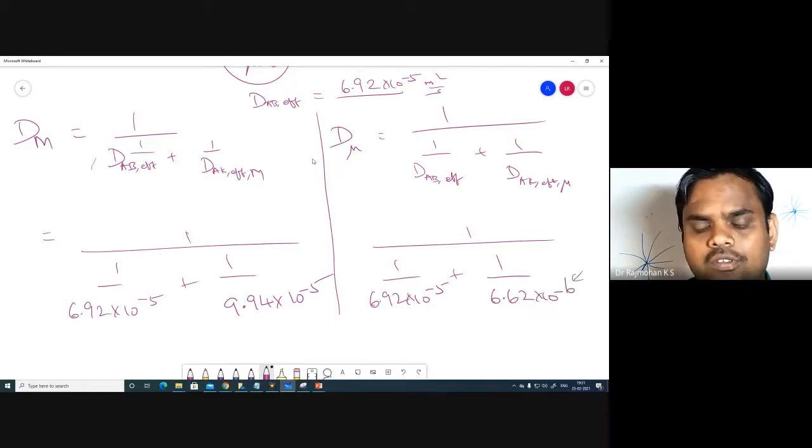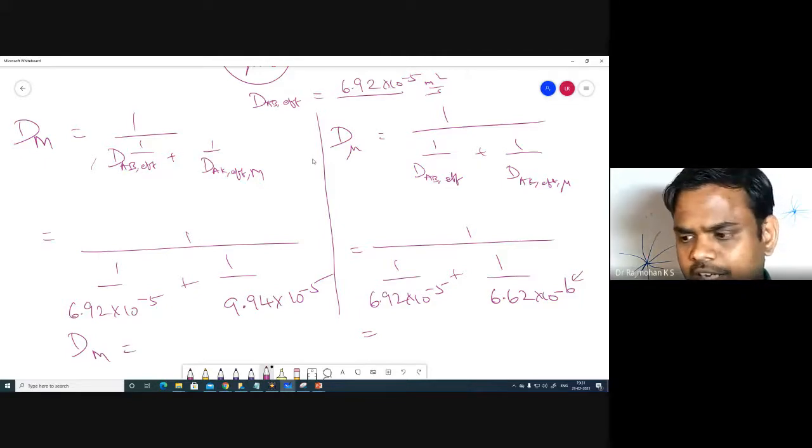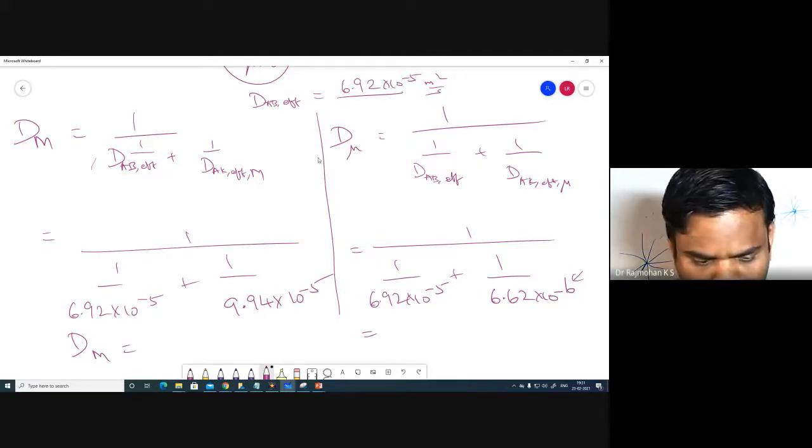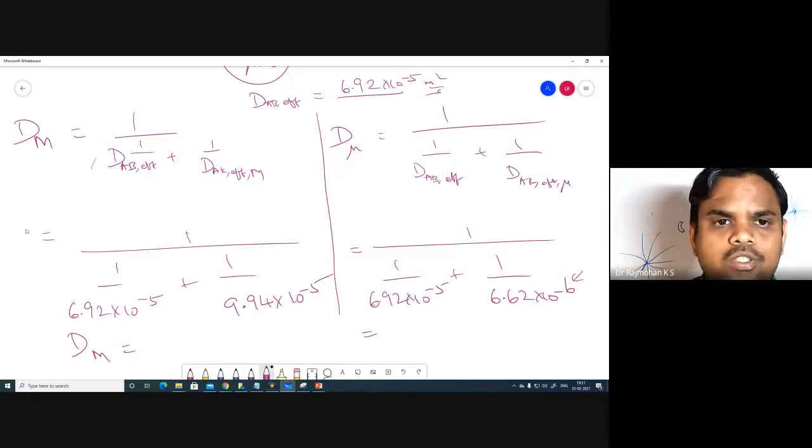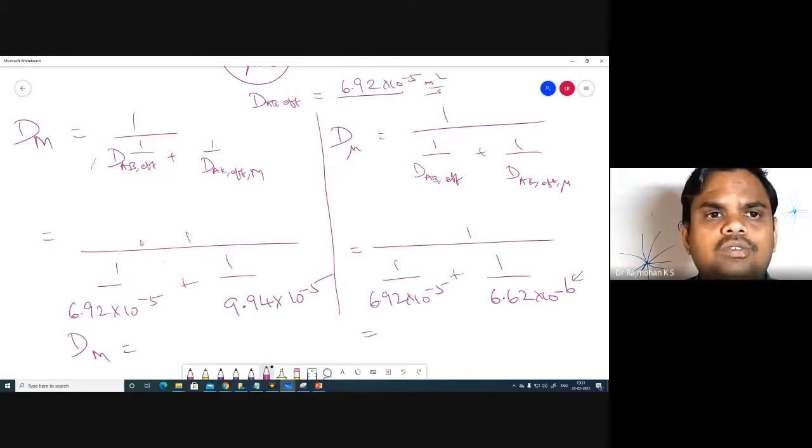Be careful, usually we write minus 5. So this is your D mu, this is your Dm. All are inverse values here, so substitute carefully. Please put proper brackets in the calculator while you are calculating.